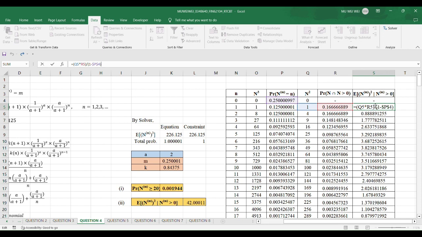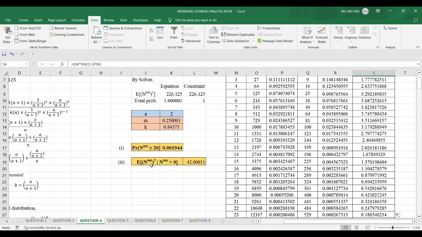So in this case, for when n equals 1, it is 1 squared, which is in cell Q5, times the probability of Nm intersect n larger than 0 in cell R5, divided by the probability of Nm larger than 0, which is 1 minus the probability of Nm equals 0 in cell P4. So we lock the cell P4 because the probability of Nm equals 0 is constant. This is also the same for the following values of n.